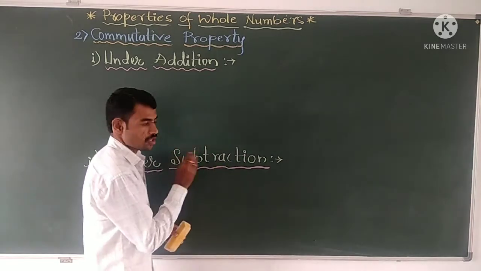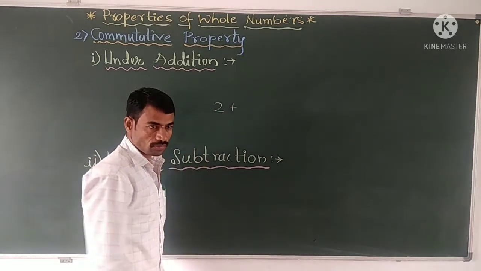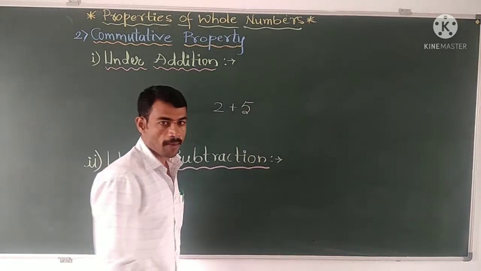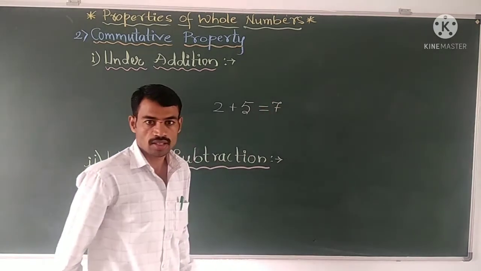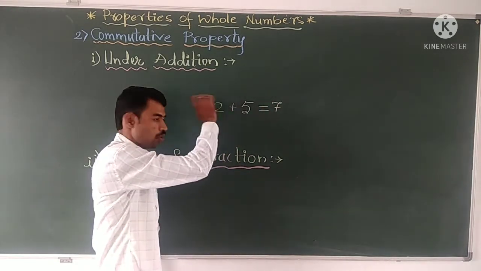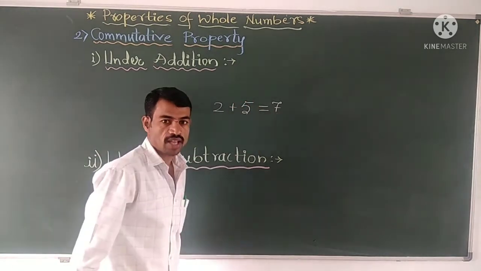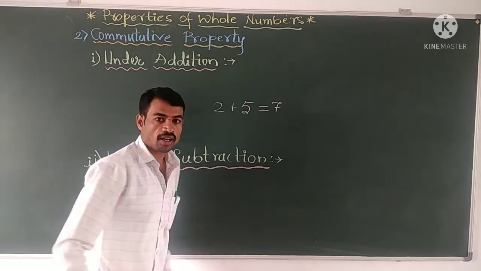For example, just look at one example. 2 is one whole number. 5 is another whole number. What about their sum? Sum is 7. First whole number is 2, another one is 5. Their sum is 7. Is that 7 a whole number? Yes. Now you can add them in reverse order.